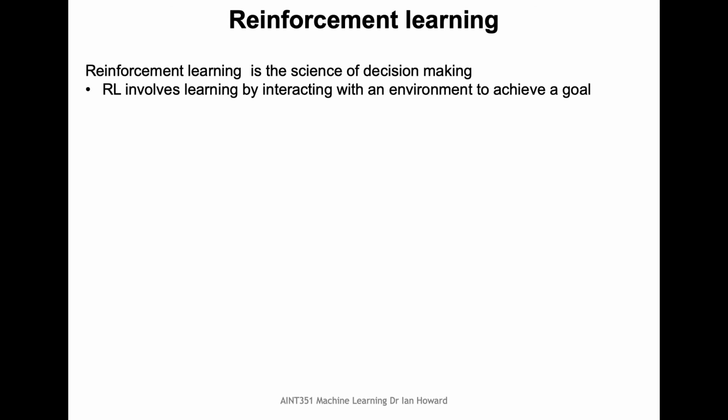If you're in a maze and you want to find the way out, you've got to move left, right, up, down, and see whether or not that path goes all the way out of the maze. So you've got to do something, experience something coming back, and on the basis of that you can work out what to do.